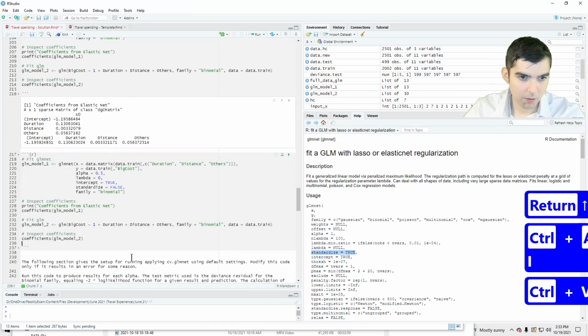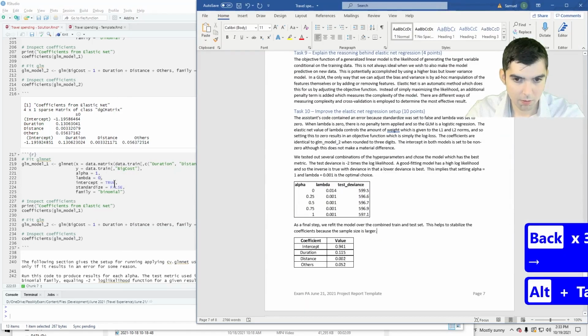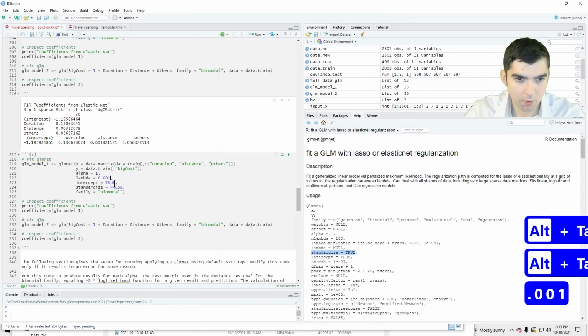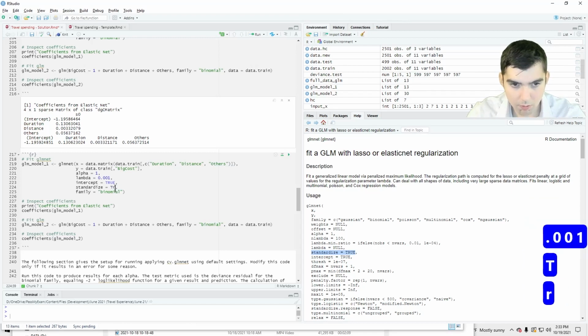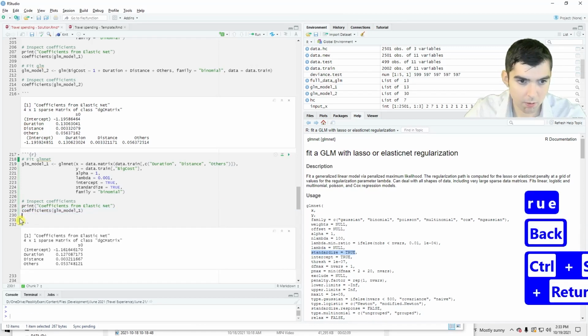I just want to do another check. What I'm doing here is setting the same parameters, but using the training data. So alpha is 1, lambda is 0.001, right? And then standardize true. I do that. Yeah, see it's different.